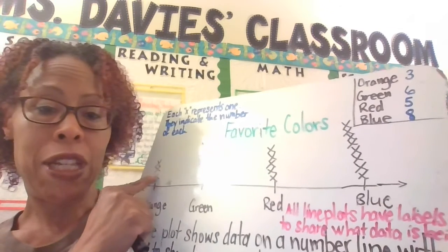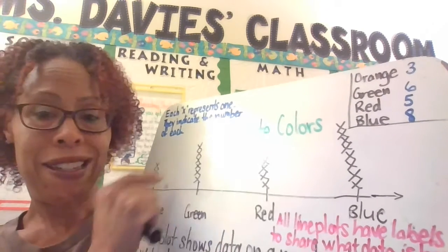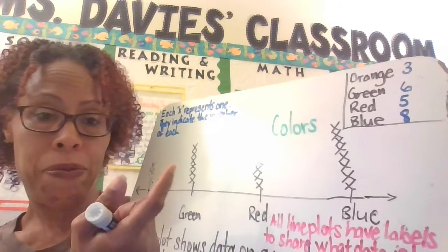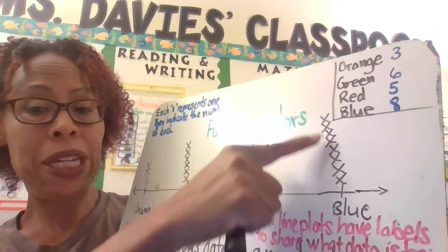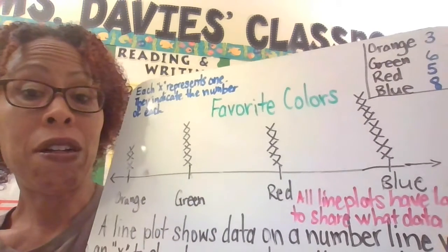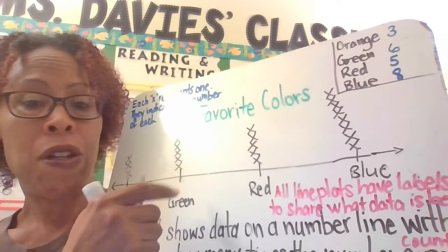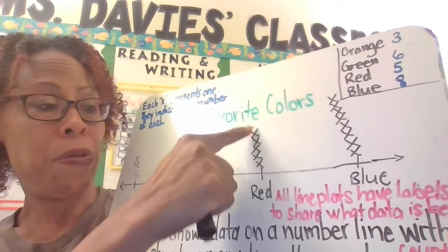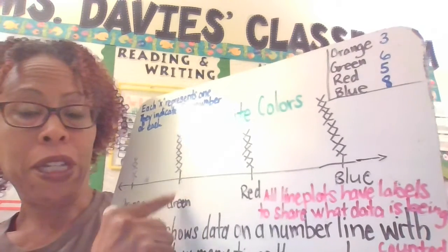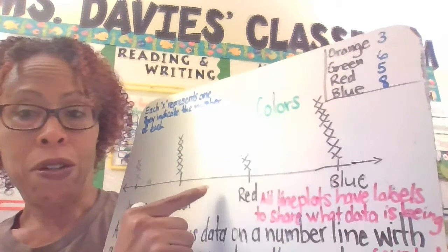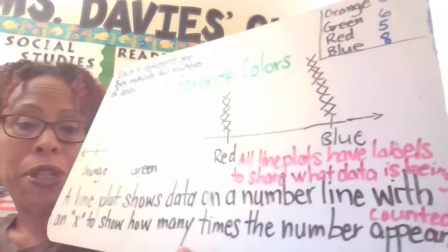For the line plot, you want to make sure that the x's are right on top of each other, and they're spaced equally on top of each other, so that when we compare the different sections, we'll be able to compare fairly, so we can see that there's just one more X for green than there is red, and that there are 2 more X's for blue than there is for green.